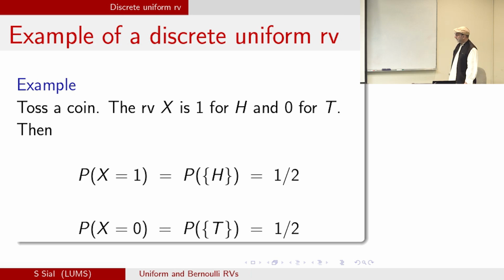Note that there are, in this case, 2 allowed values, and their probabilities are exactly the same. So we say it's a discrete uniform. This x is an example of a discrete uniform random variable. The probabilities that x takes its various allowed values are exactly the same, hence the word uniform.